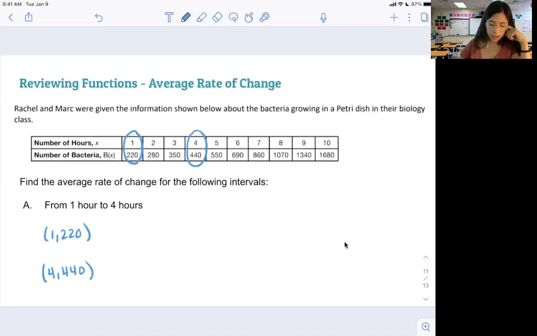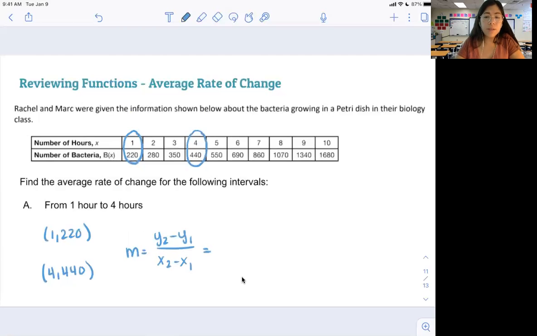So now I can go ahead and use my formula. And remember what I said before, if you're doing a problem like this, always start by writing the formula down, because when you write it down, you're going to be much more capable of memorizing it. So even if you already have it memorized, get into the habit of always writing it down. You don't want to rush this.